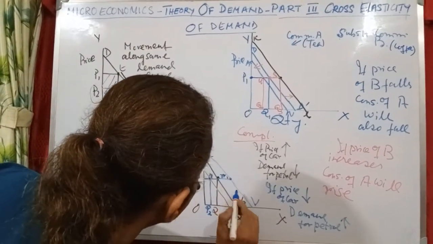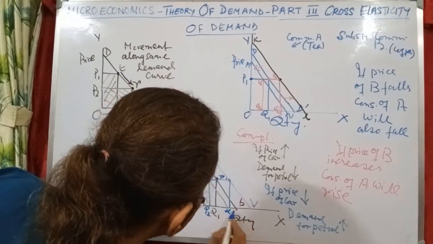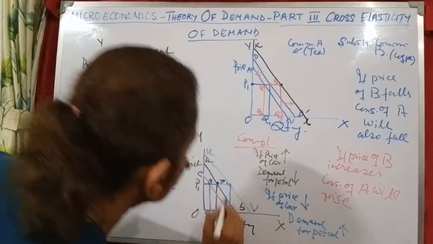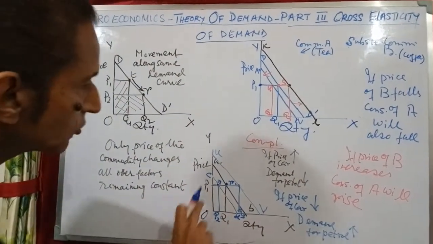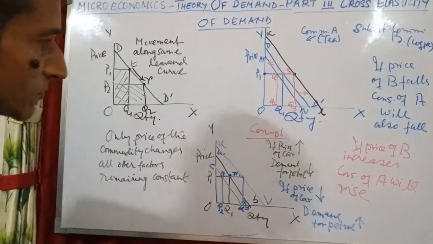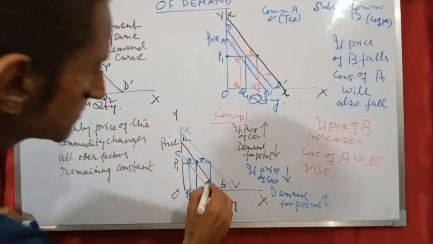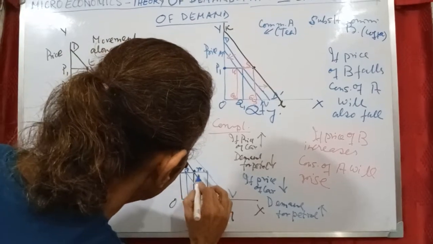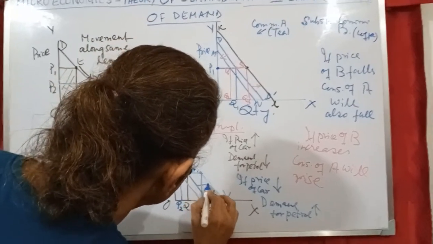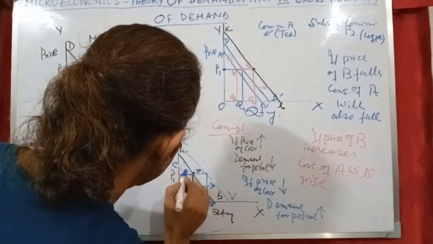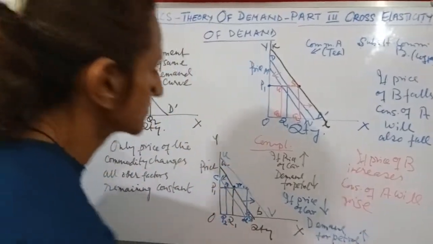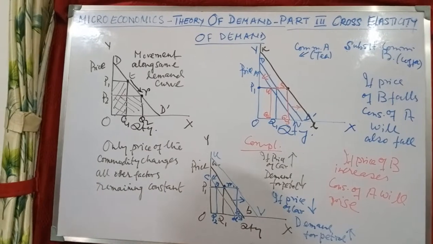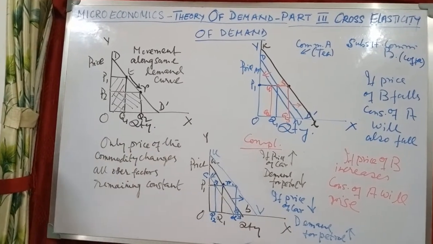So now the consumer is consuming, say this is OQ3, even though there is no change in price of petrol. So here movement takes place from this point to this point, and here it was leftward shift and this is the rightward shift of demand curve. Correct?